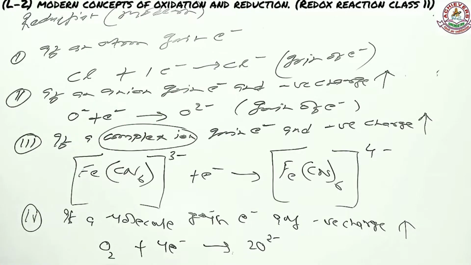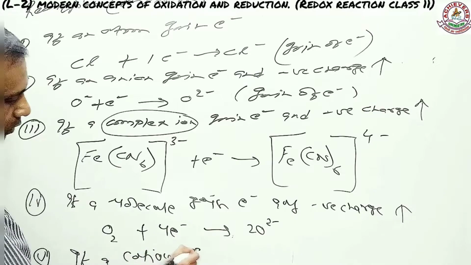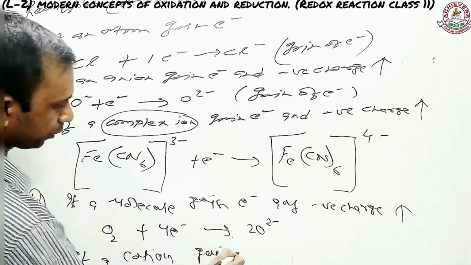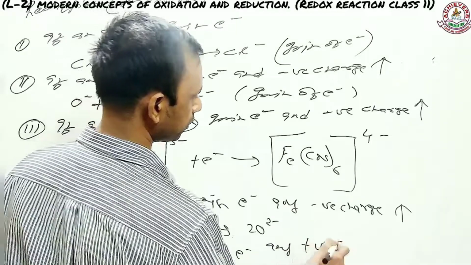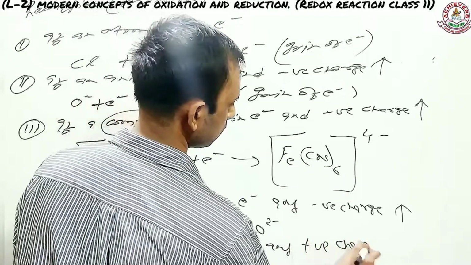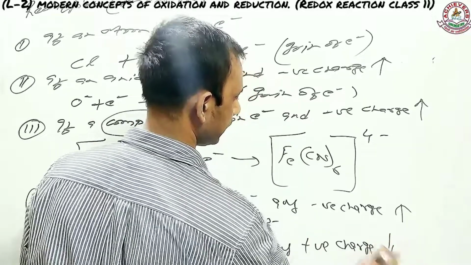There is one more. If a cation gains electron, positive charge decreases.